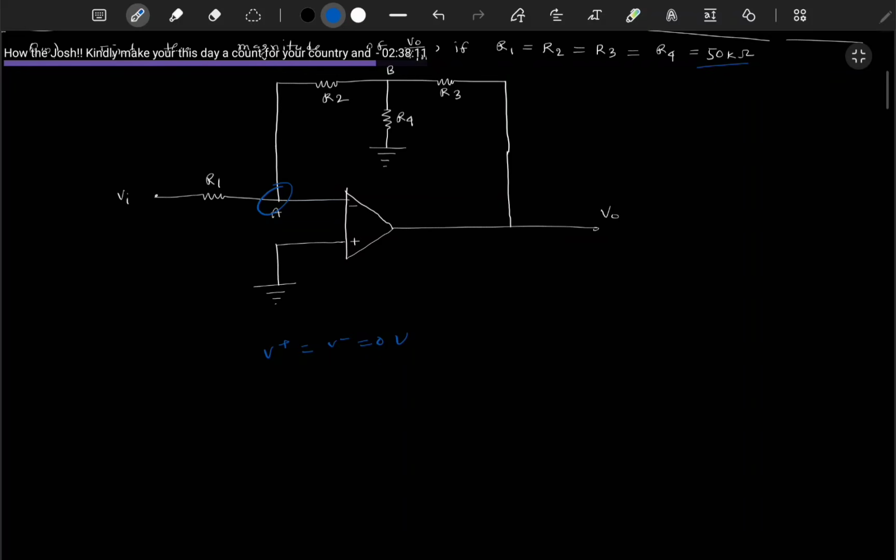Now here we can apply the KCL or nodal: 0 minus VB by R2 equal to 0. So here we will get VB equal to minus VI as R1 equal to R2.